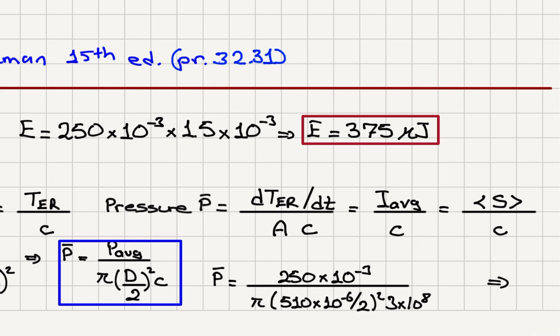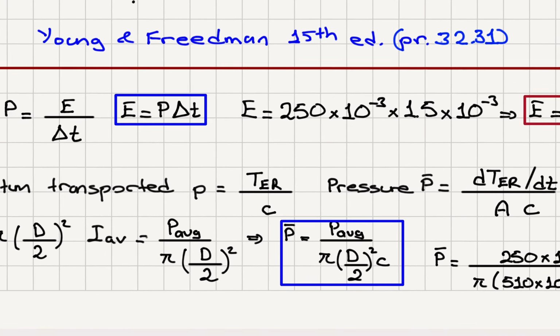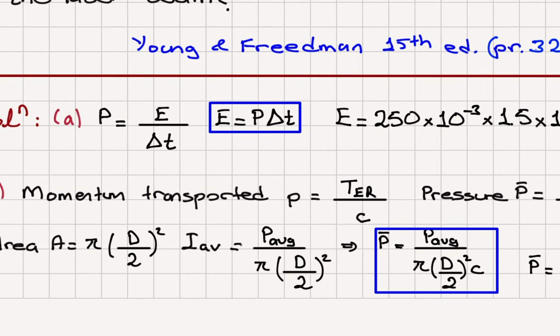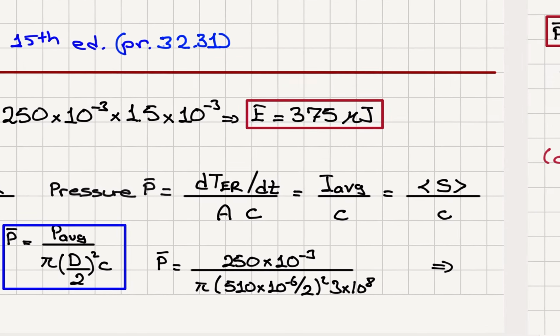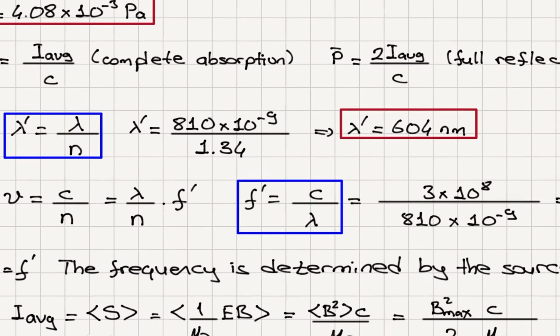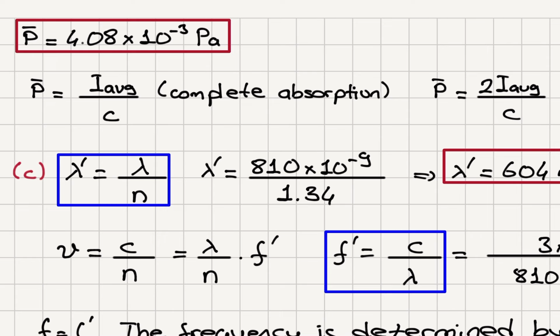And average intensity is the average value of the Poynting vector magnitude. So we can calculate the pressure as P average, the average power delivered, divided by pi times d over 2 squared times c. So plugging in the numbers, we obtain the pressure to be 4.08 times 10 to minus 3 pascals.